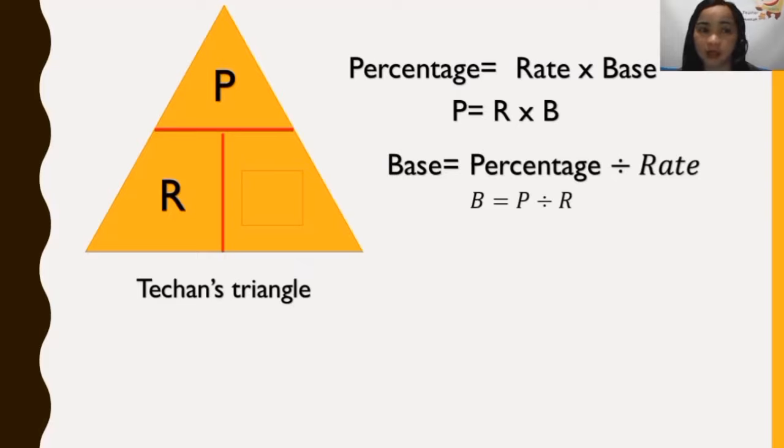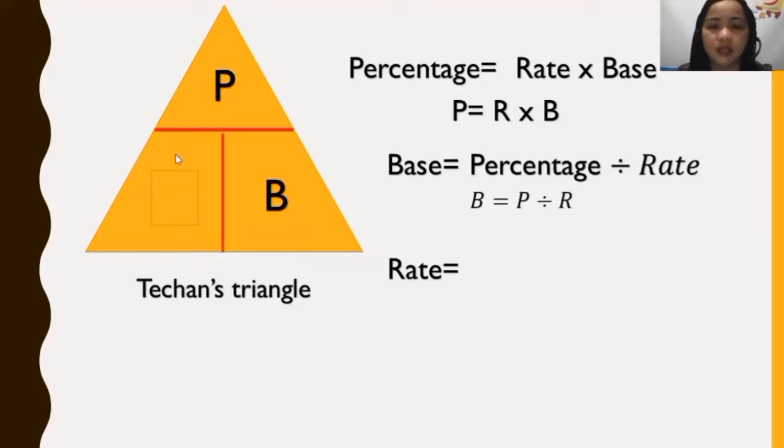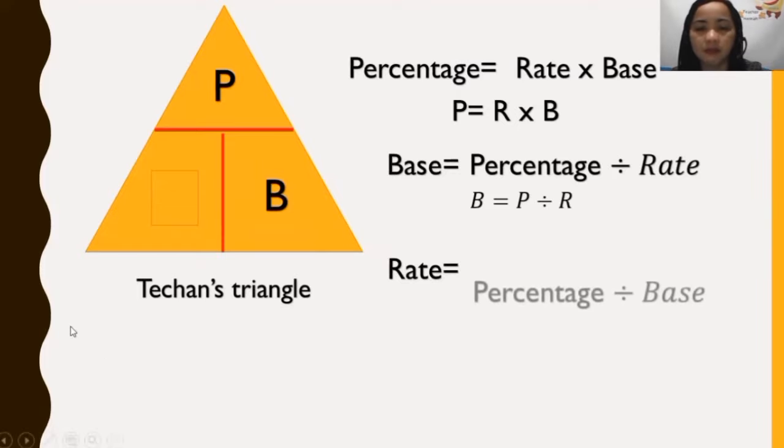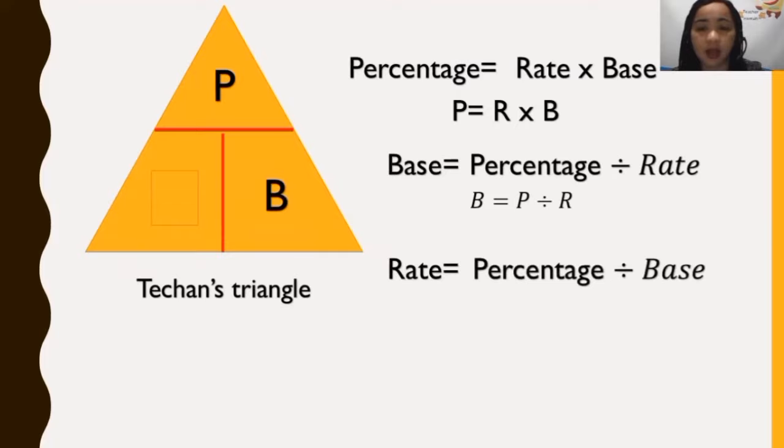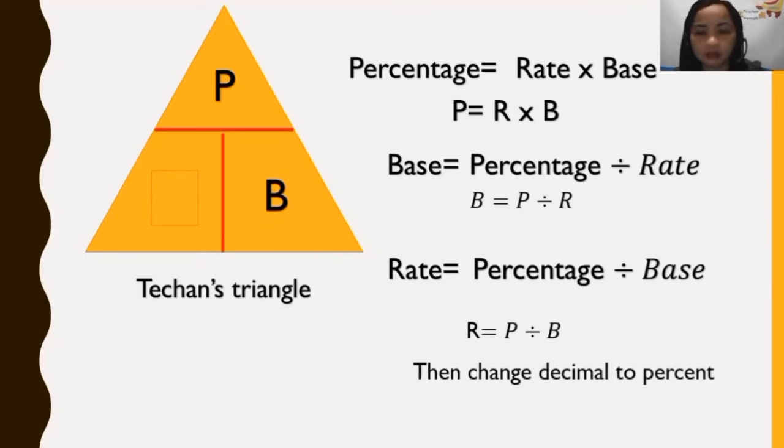And if we are looking for rate, what remains is P and B, and that is also division. So we have percentage divided by base, or R is equal to P divided by B. And once you get the answer, remember that rate has the percent symbol, so change the decimal to percent.